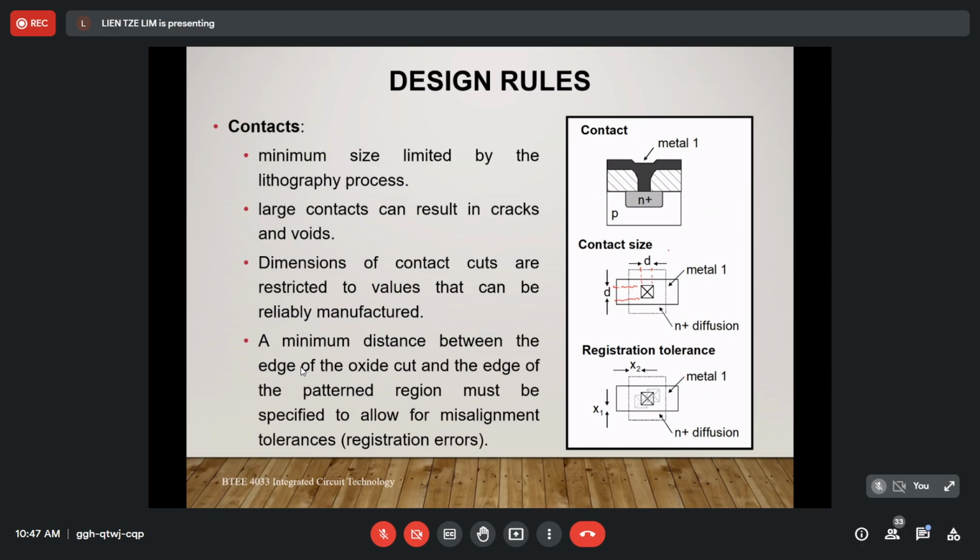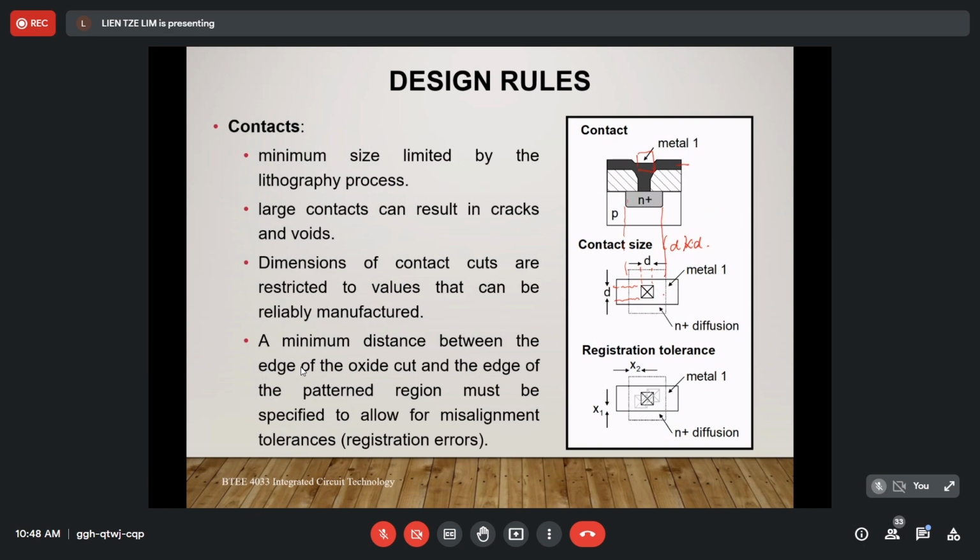So this is D. The contact size is defined by D multiply D. And then this is a metal layer, the black color part. And the N plus diffusion, the dotted line here, indicates this area. So this contact is around here. It's not like this, it is lying down, and from the top you will see it like this.